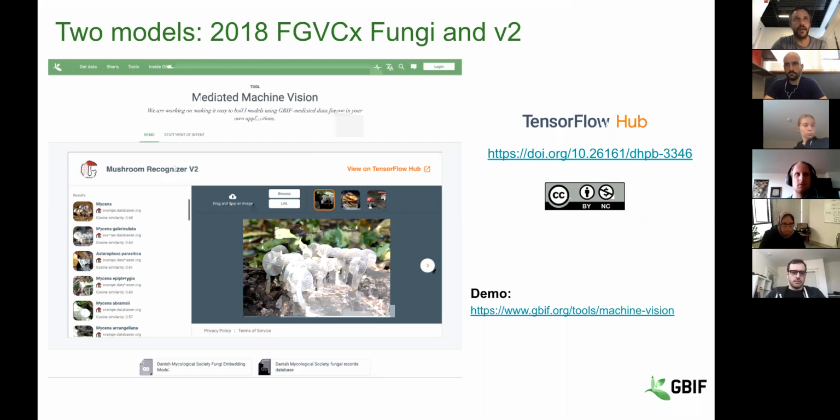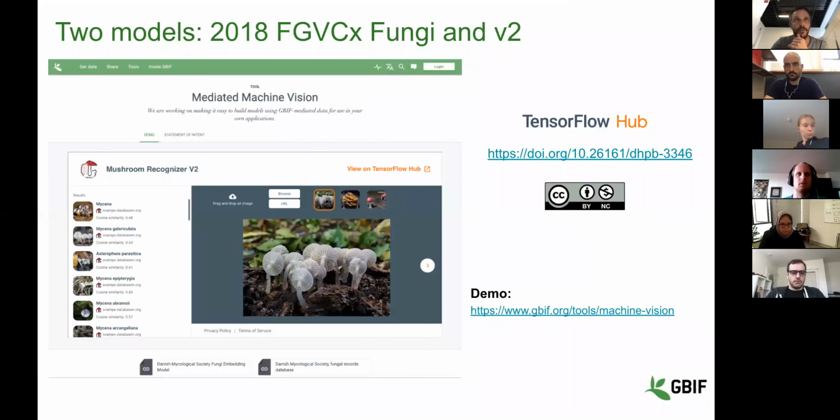They can just try it out, the latest version, in this case, of the mushroom recognizer. And if they want to use it, it's freely downloadable. They just need to cite it. So in their app, they'll cite the DOI for the data set and the model. And this is great for the people who publish the model because they get citations, they're able to write grant proposals, indicate the impact that they're having in the real world.